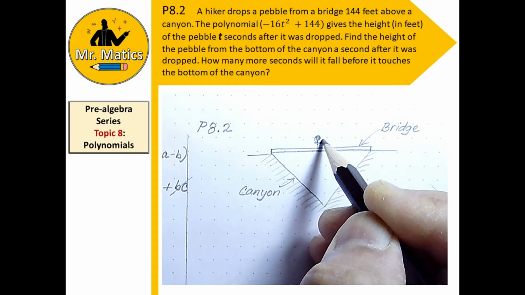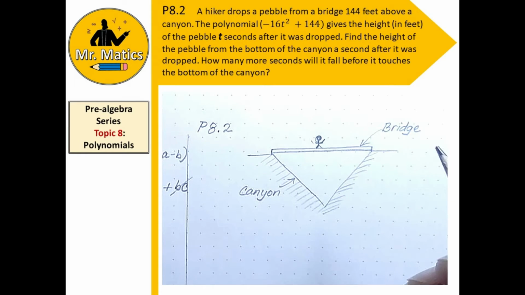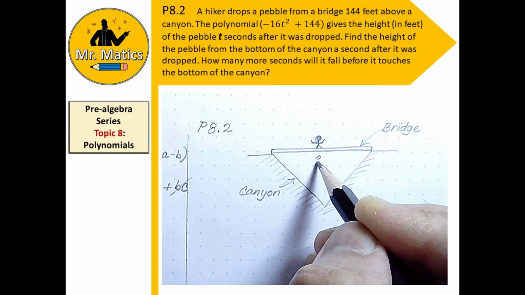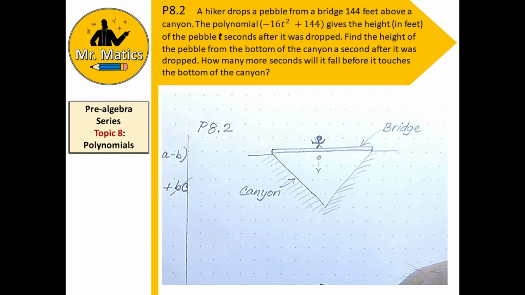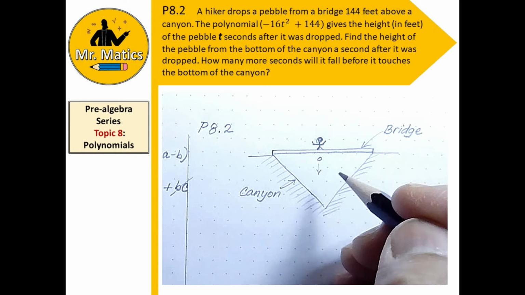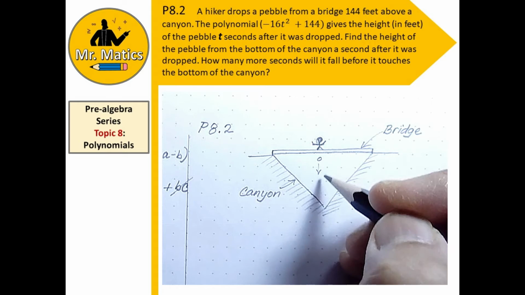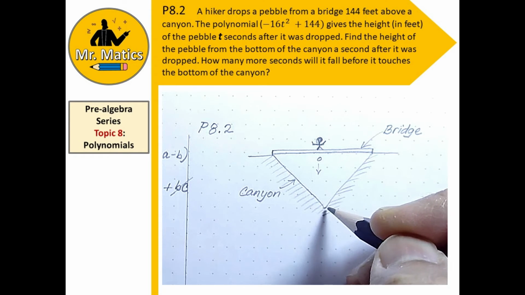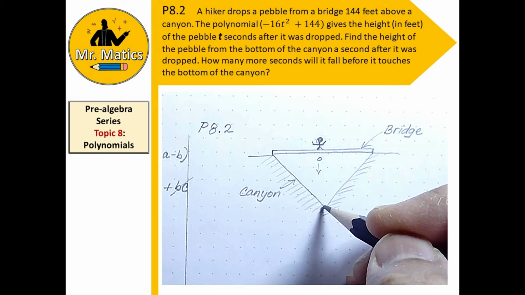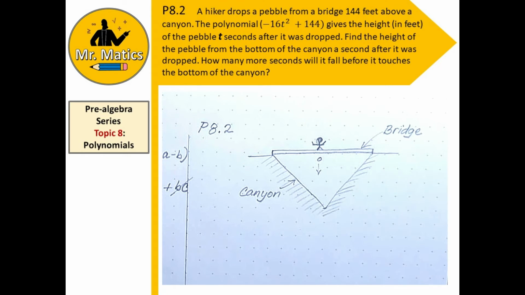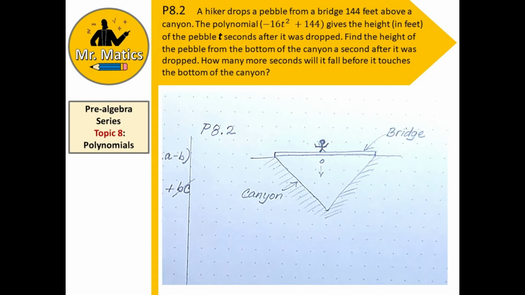And he drops a pebble to the bottom of the canyon. The canyon height, the ground where the pebble ultimately touches, is about 144 feet in height.